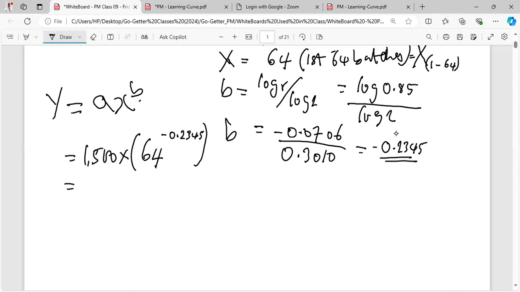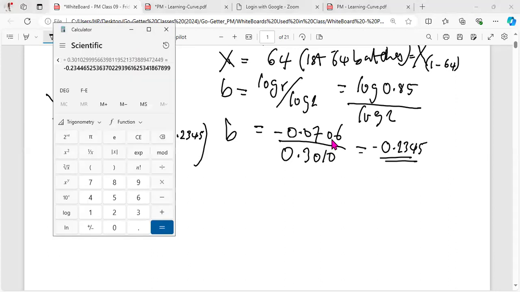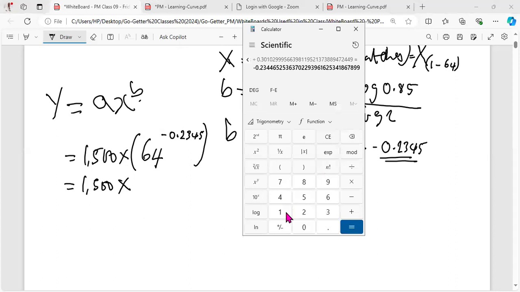So now this is going to be 1500 multiplied by, now let's carry out this calculation. Bring our calculator, clear this one off, and we say 64, raised to power. You go to where we have x raised to power y. Of course, you see 64 is x.